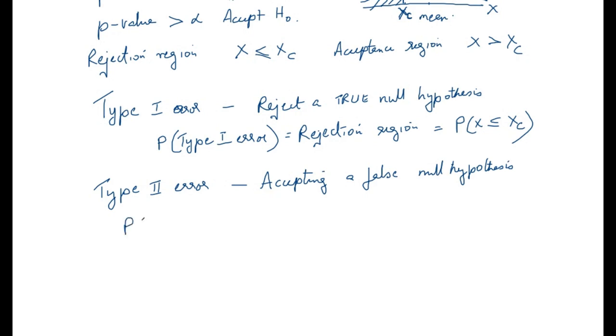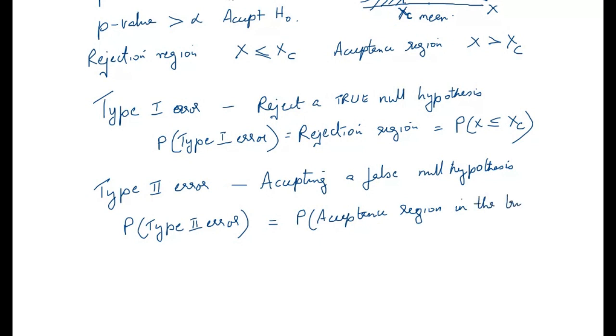Probability of a type 2 error would be the probability of the acceptance region in the true null distribution.